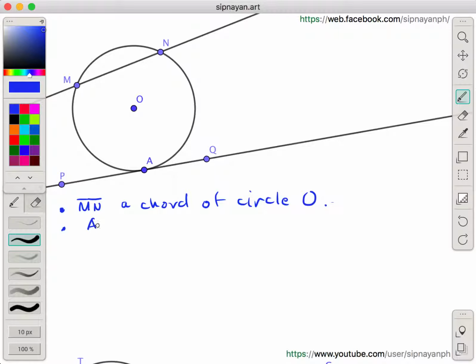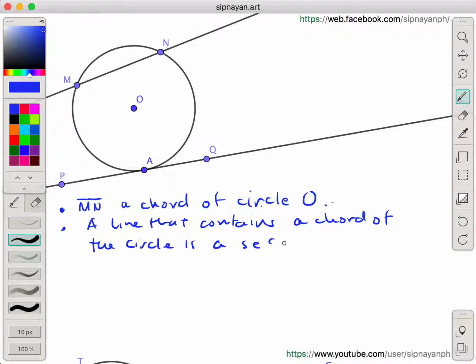A line that contains a chord of the circle is a secant.